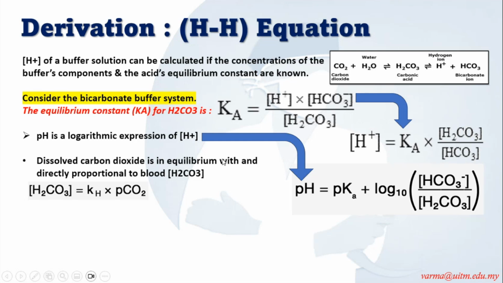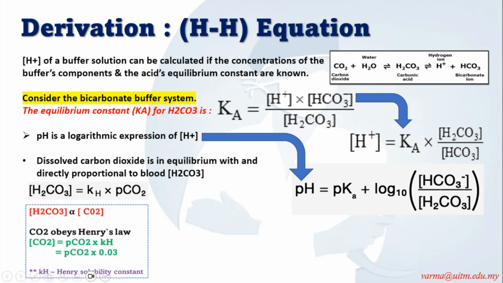Each gas has a Henry's solubility constant, and for carbon dioxide, the Henry's solubility constant is 0.03 millimoles per millimeter of mercury. Okay, for the carbon dioxide. Since we don't know the concentration of H2CO3, but we can find out the partial pressure of carbon dioxide, the H2CO3 concentration equals the solubility constant times the partial pressure of carbon dioxide. This is what we are talking about, Henry's law.